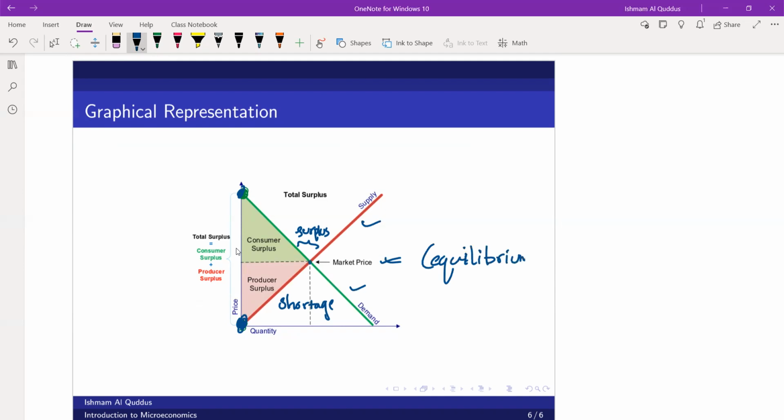Now, another thing is that, as I said earlier, if the price goes above market price or below market price, then we see irregularities or inefficiencies. The market that we are talking about here is actually a free market. By that, we mean that there is no intervention in the market. There's no restriction on this market.